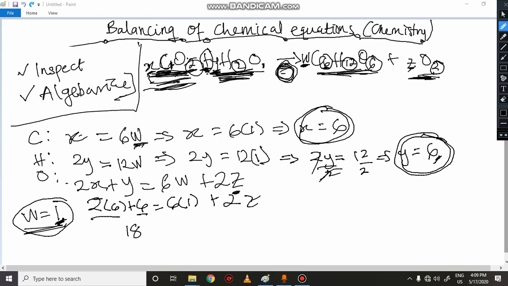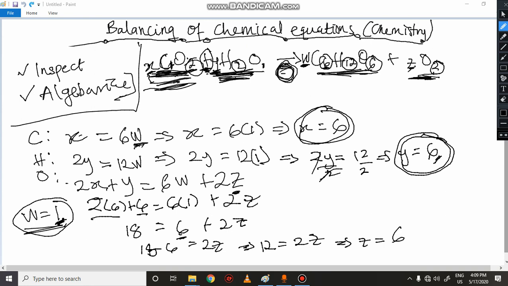So 18 equals 6 plus 2z. Now this 6 moves to the other side and becomes 18 minus 6 equals 2z. This implies 18 minus 6 gives us 12. So 12 equals 2z. I hope this is clear. This implies that z will also be equal to 6.